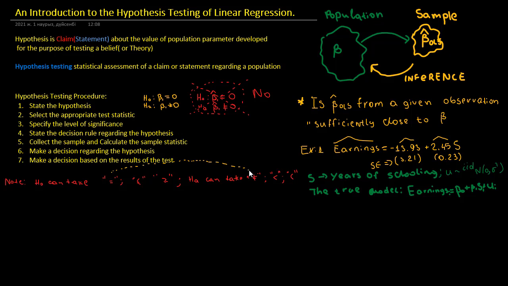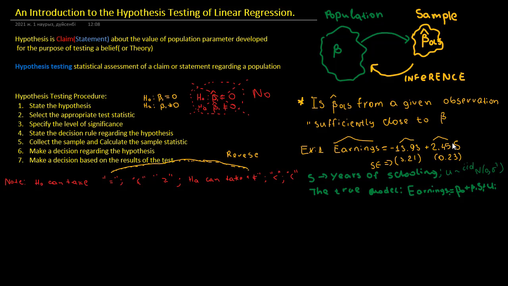Once you have set the hypothesis, the second step is to select the appropriate test statistic. This step determines the distribution type, for example the normal distribution, t distribution, chi-square distribution, or F distribution. We should choose one of them.